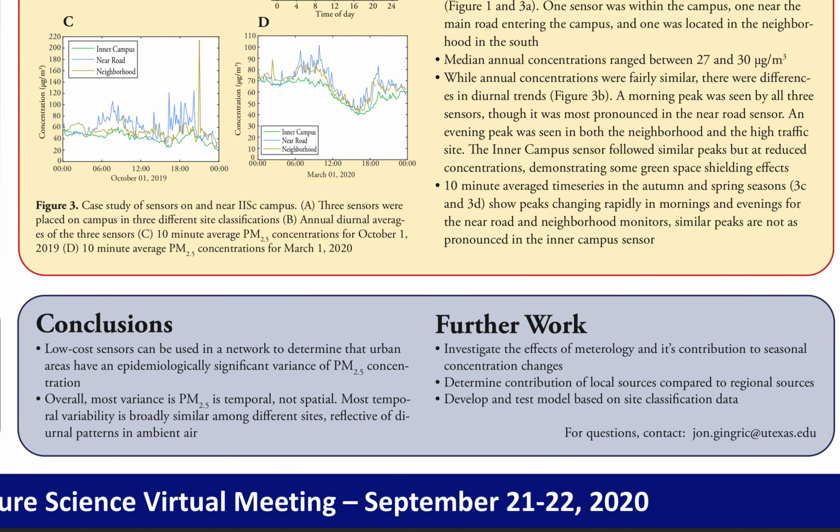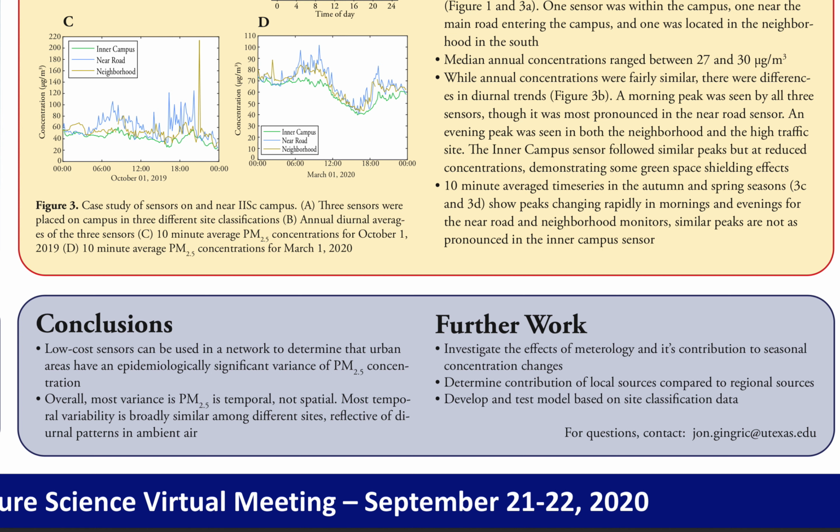Variance between sensors is greater than the error between sensors, showing that these sensors can discern the difference between background sensors and the rest of the urban area. We also see that temporal concentrations have larger variation than spatial concentrations in the city. Diurnal patterns are similar for similar site classifications and are reflective of diurnal patterns for ambient air.